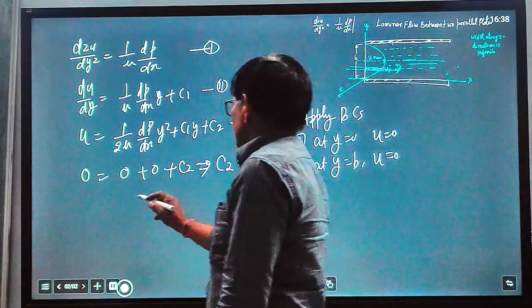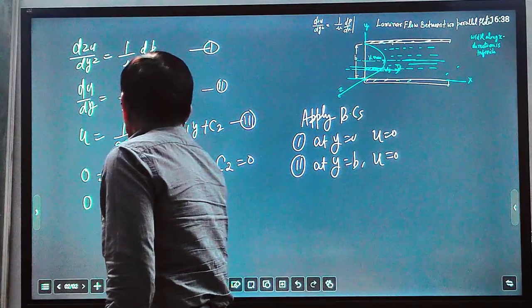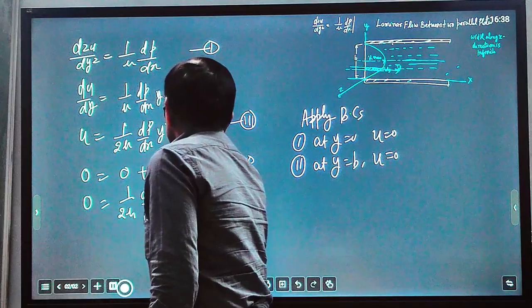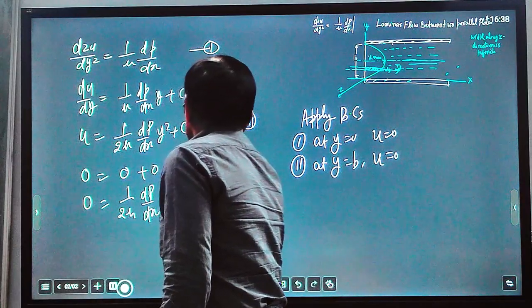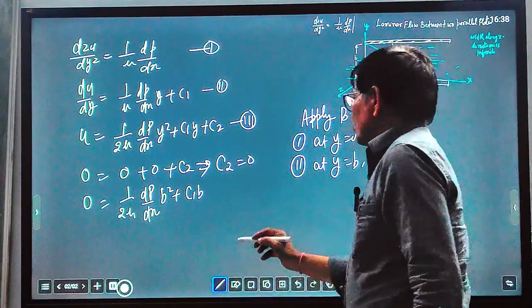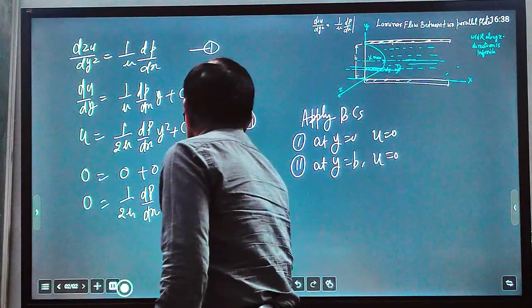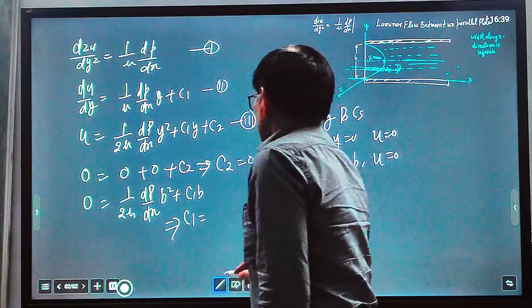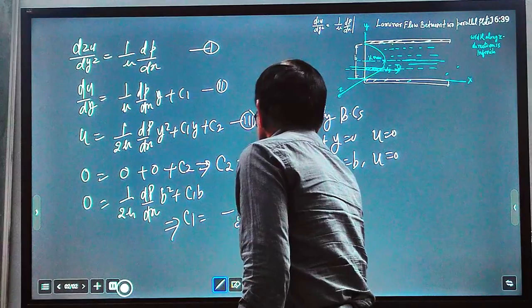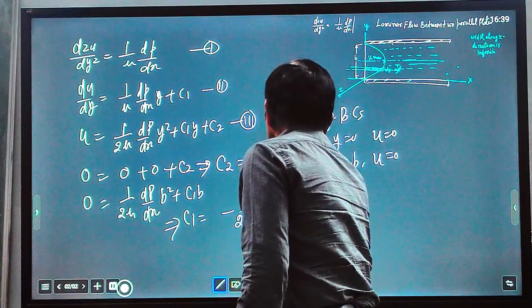So again putting 0 equal to 1 upon 2 mu dp upon dx b square plus c1 b plus 0, as c2 is already 0. So here you get b c1 equal to minus b upon 2 mu dp upon dx.